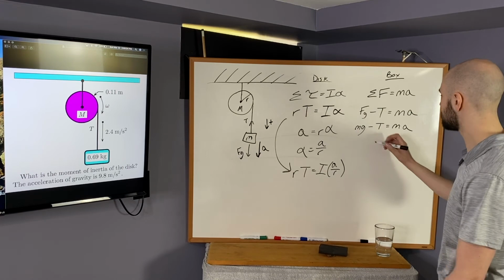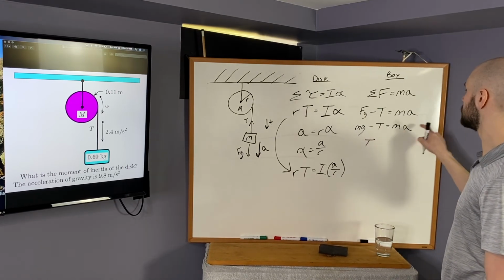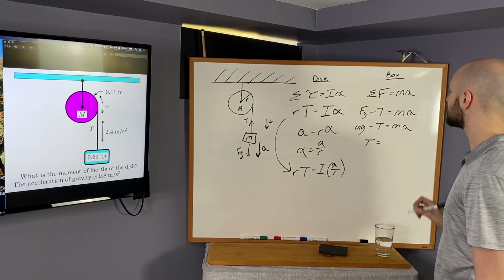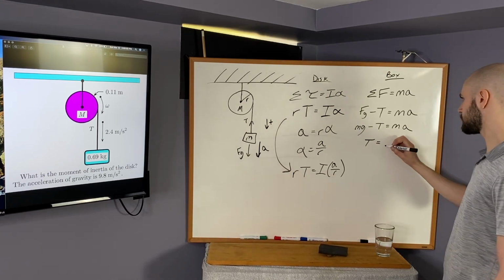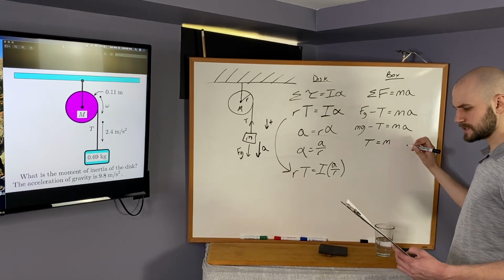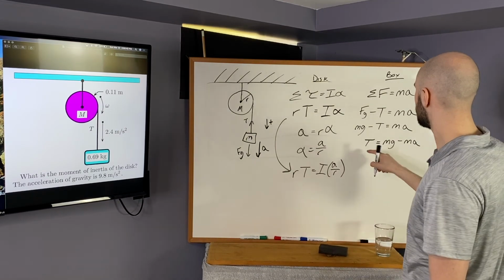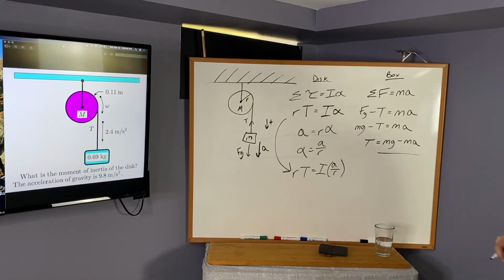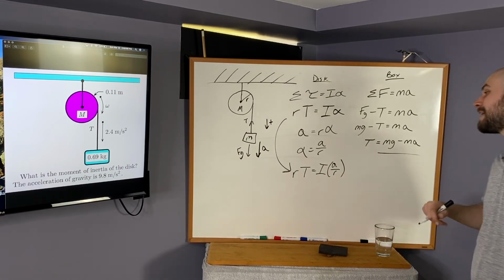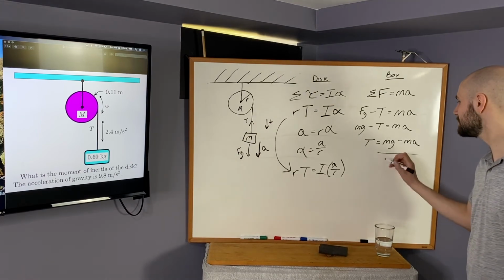Let's solve for T. T, moving this over and back, should be equal to mg minus ma. That's our tension in the rope. We need this expression to plug in here so we can find the rotational inertia of the disk itself. Let's take this expression and plug it in.